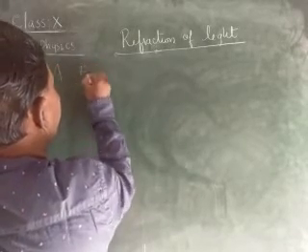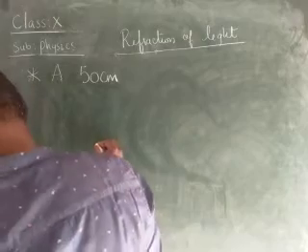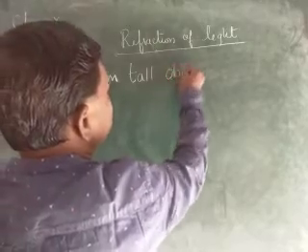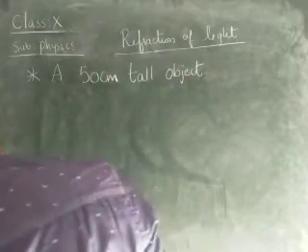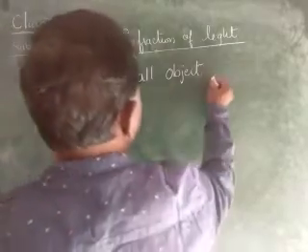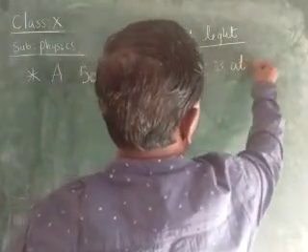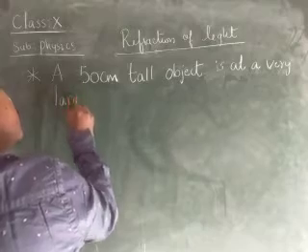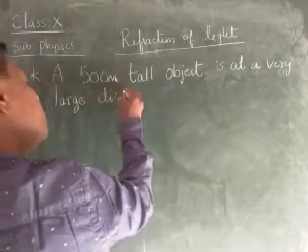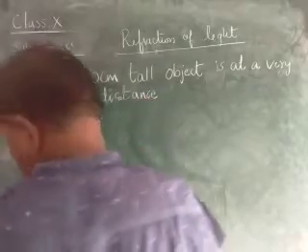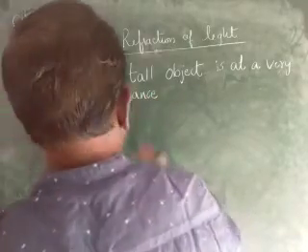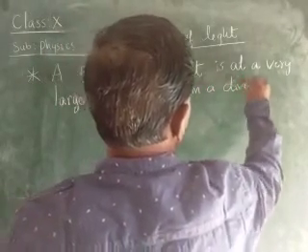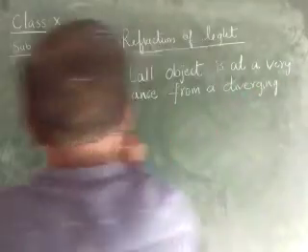A 50 centimeter tall object is at a very large distance from a diverging lens.